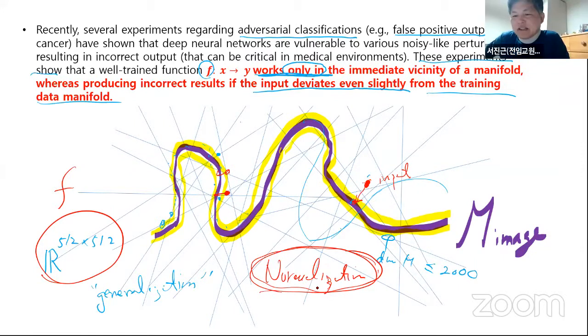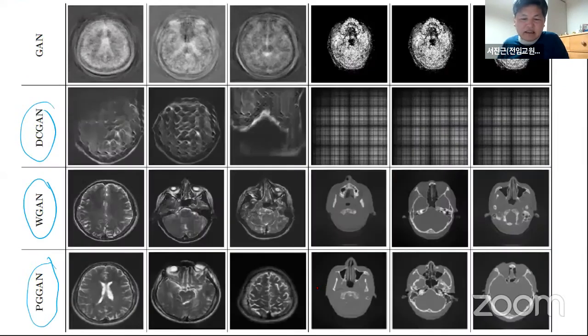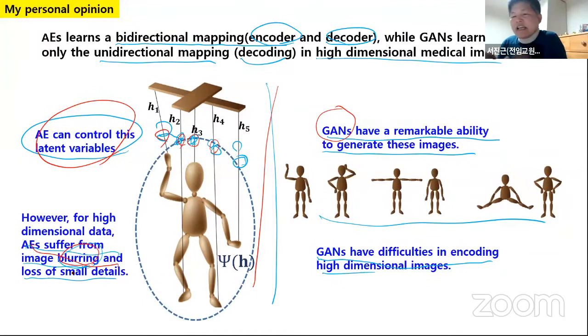Right. Yeah, the manifold is learned. My thinking is that we are somewhere in the line between them. With an autoencoder, you try to learn the manifold, and the autoencoder has controllability, but you suffer from blurring. When the image size is small, the autoencoder works very well, but when the image size is very big, it does not work.